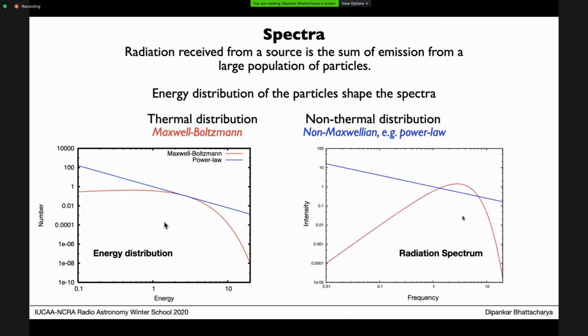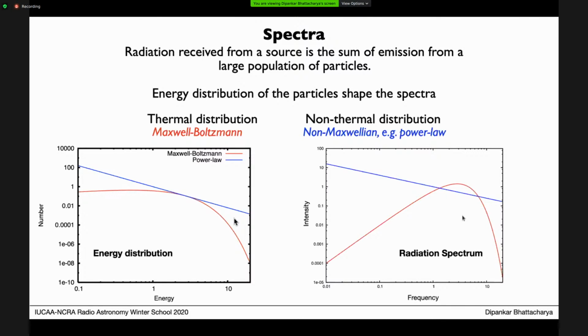So a power law distribution typically has a larger number of particles compared to the Maxwell-Boltzmann distribution at either end of this energy distribution. That is, compared to the peak, there will be excess particles both at lower energies as well as higher energies. A single power law non-thermal distribution has that character.